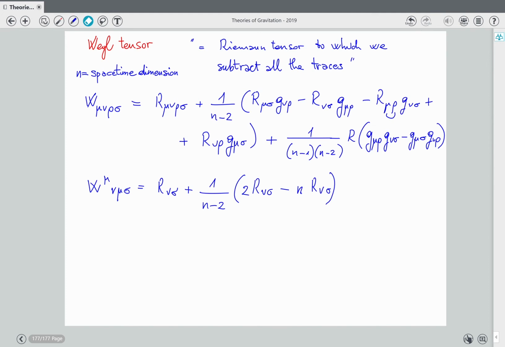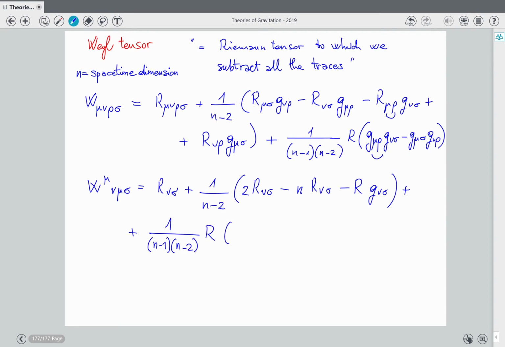Too quickly, actually. Yes, it goes away, but we have a third term, which I cancel. Why? I don't understand. Yes, so good. Plus 1 divided by n minus 1, n minus 2, r.